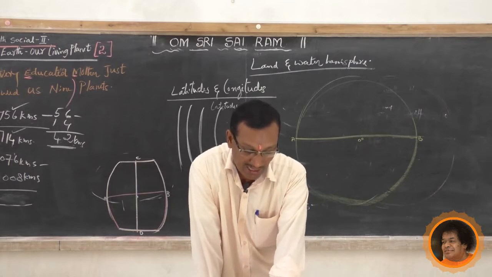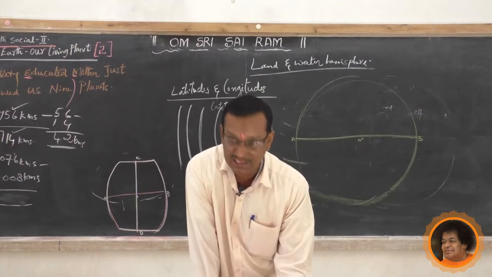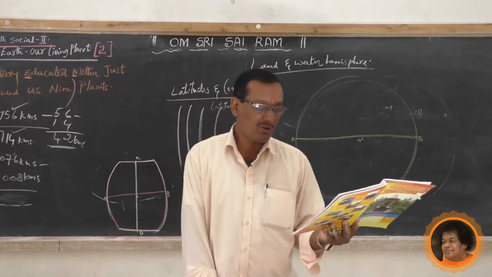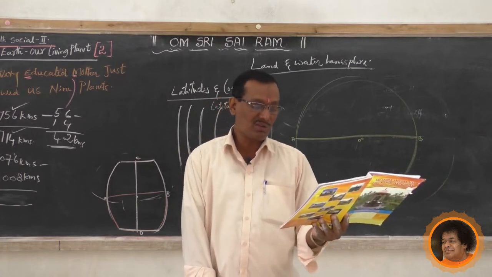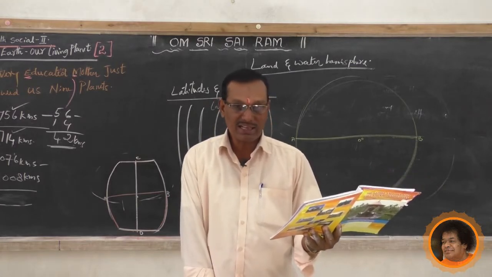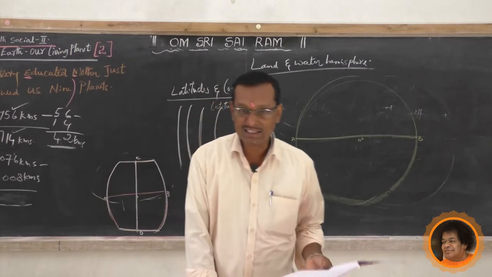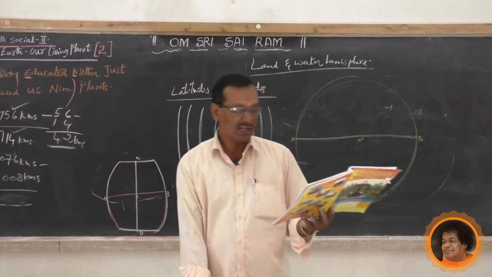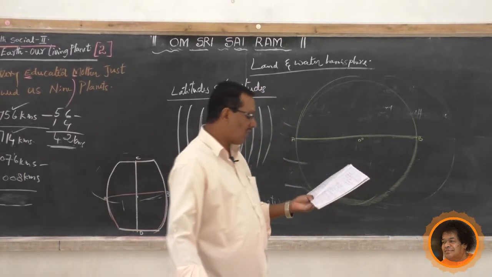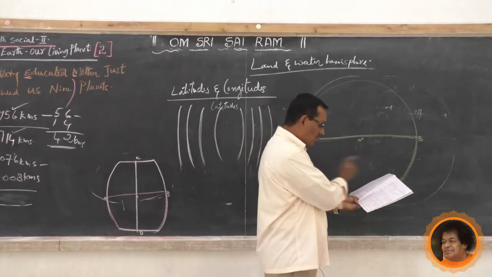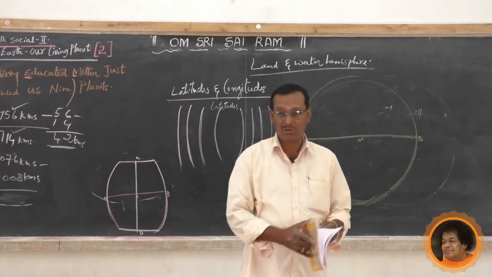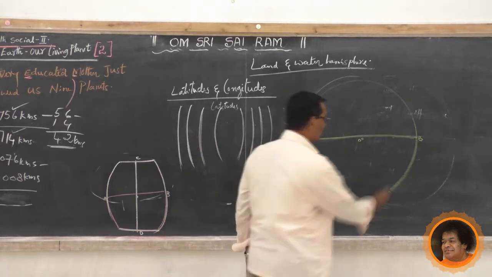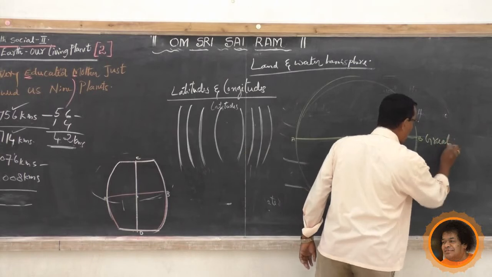Now we are telling about latitudes. It is measured in degrees: 60 degree, 42 degree, 82.5 degree, etc. The equator is also called a great circle.